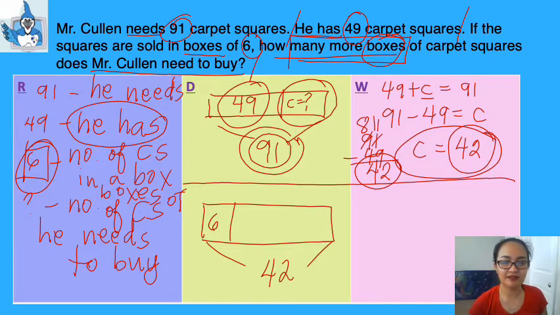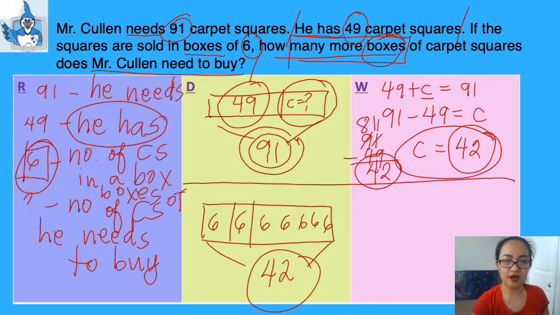Now let's skip count. 6, 12, 18, 24, 30, 36, 42. I stop on 42. Now I found out how many groups are there? 1, 2, 3, 4, 5, 6, 7. So that means 7 boxes. He needs 7 boxes of carpet squares.